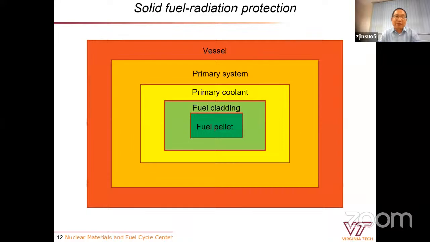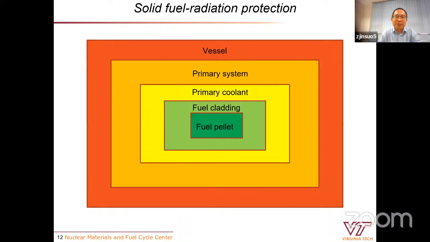The first barrier is the pellet. You have the fuel pellet, which has retention of the fission products. Then you have the fuel cladding. That's a metal rod, zirconium alloy or stainless steel. Anyway, it's a very thin metal wall.